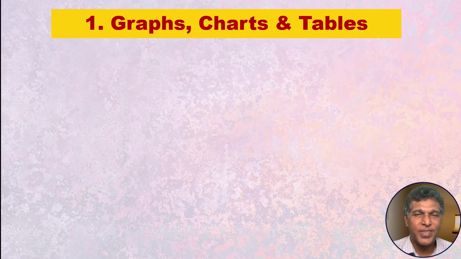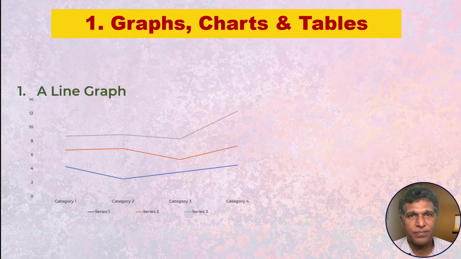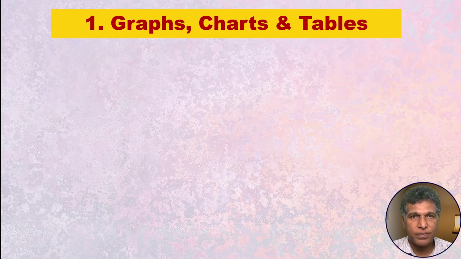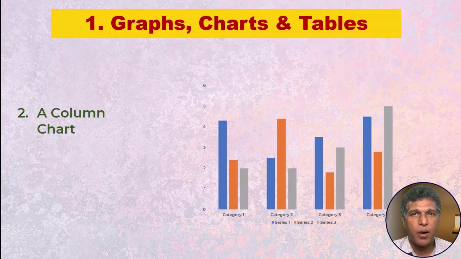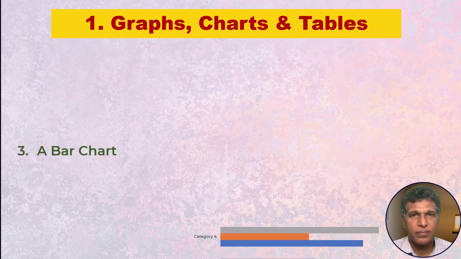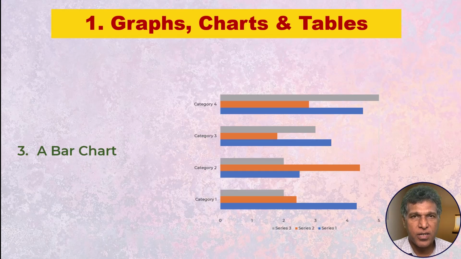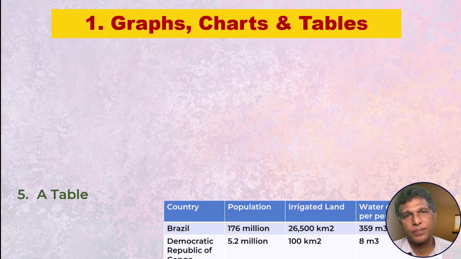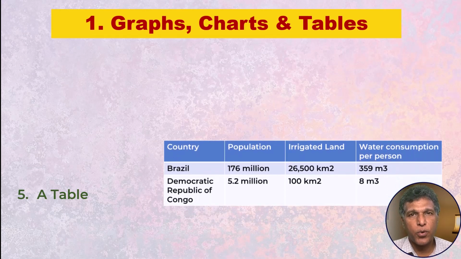You will be asked to describe the information given as a line graph, a column chart, a bar chart, a pie chart, and a table. I have included these 5 illustrations in the first category because we'll use the same template for all 5.